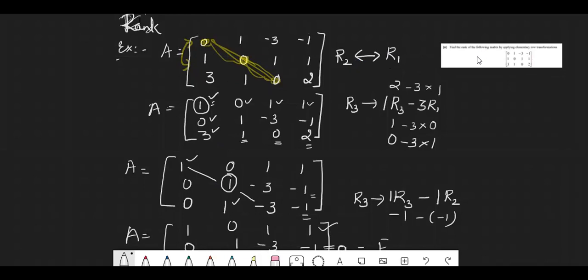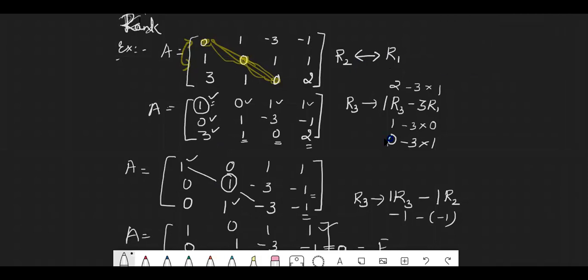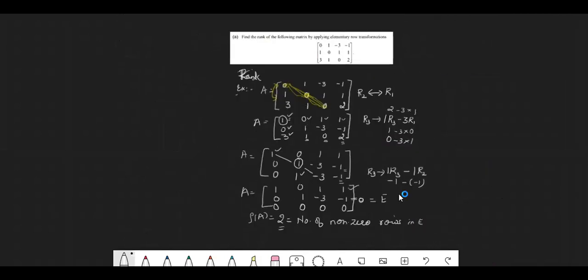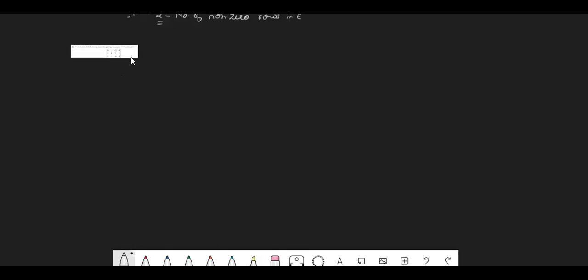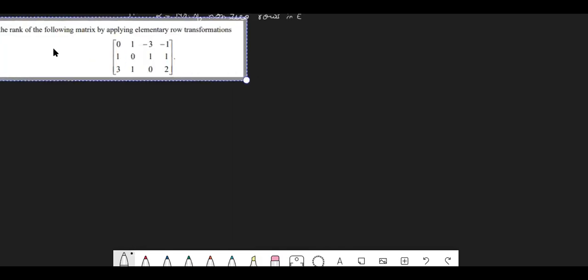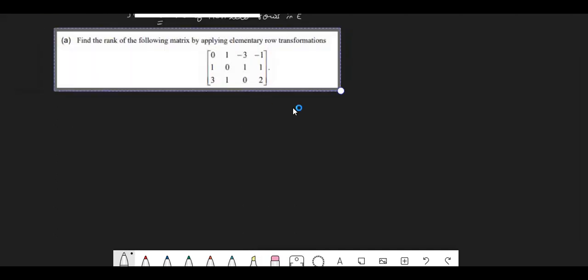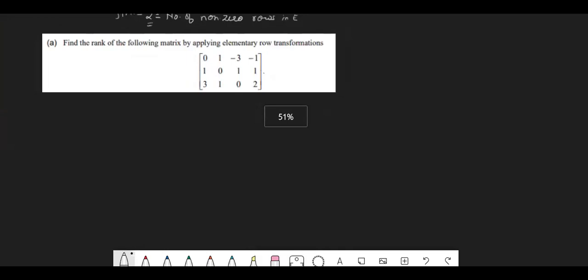Yeah. Let me take another example. Just check whether last time this example was taken up. I'll write it because I don't remember it. Okay, not this. Okay, let it be.